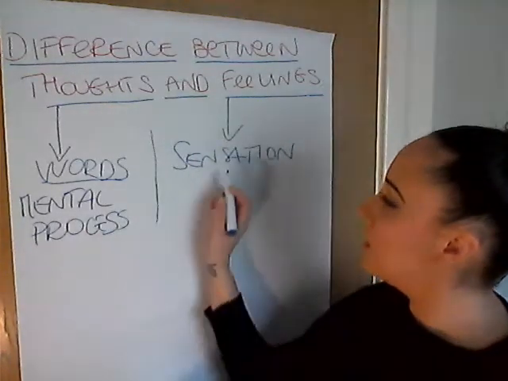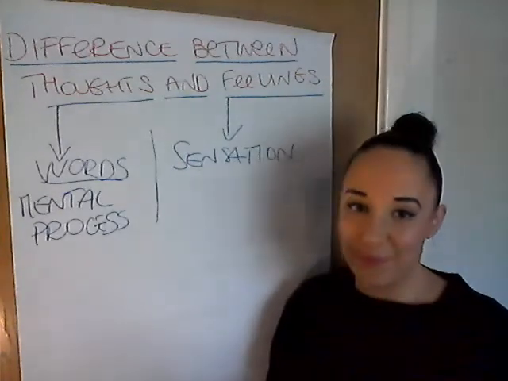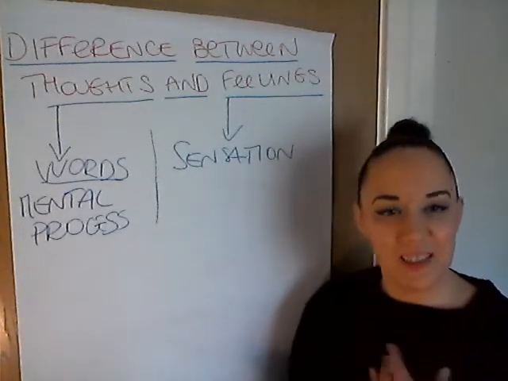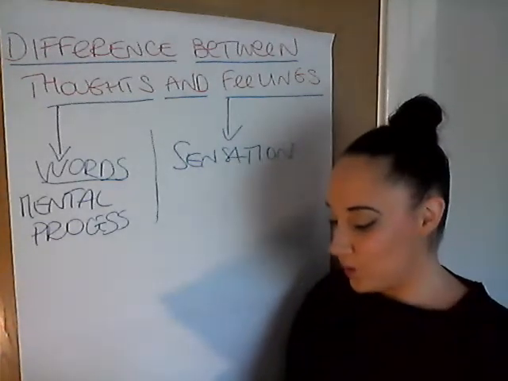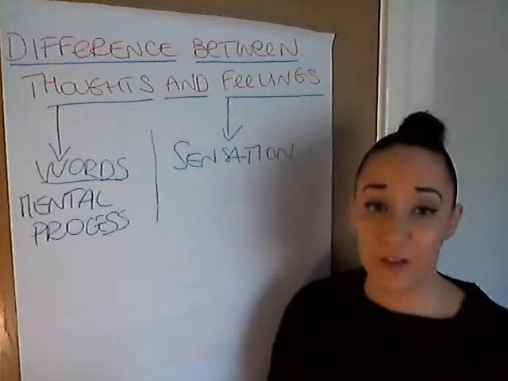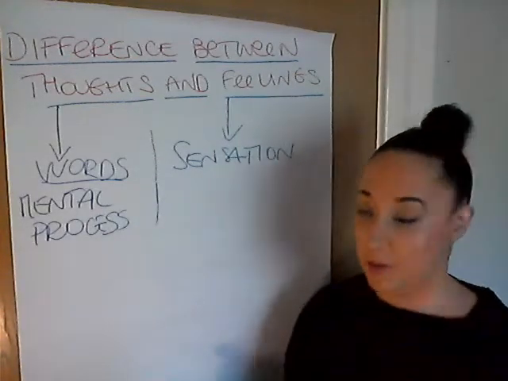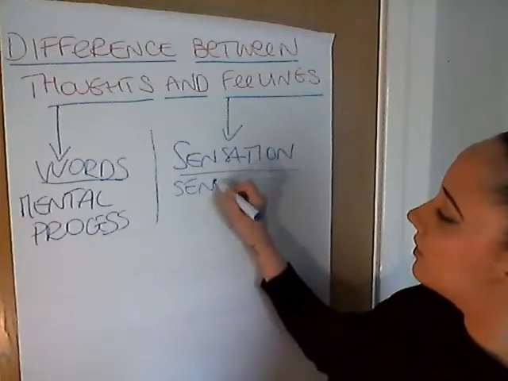And then we got feelings, which refers to more of a sentiment that occurs in the heart of a person regarding something that they have experienced. So let's call it a sentiment.